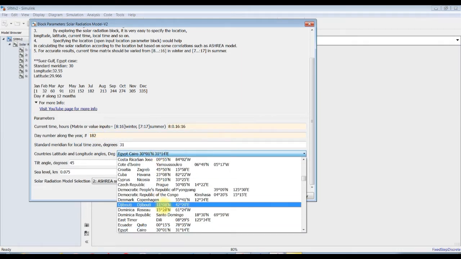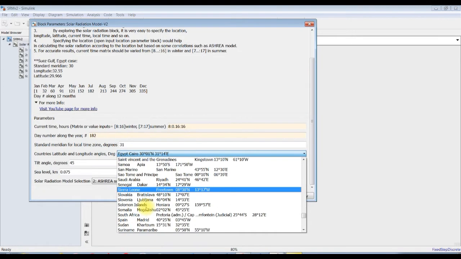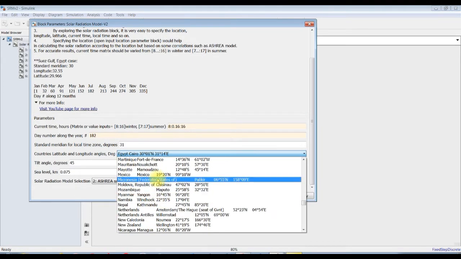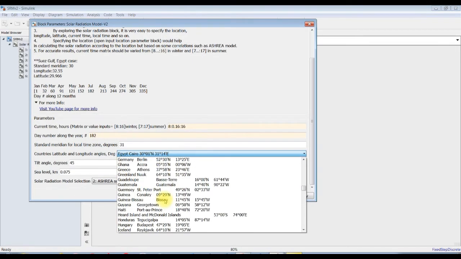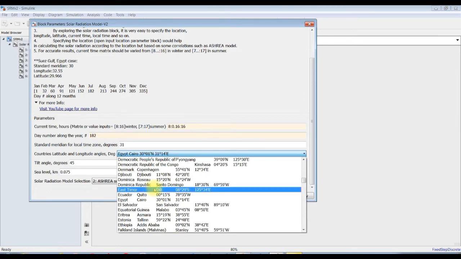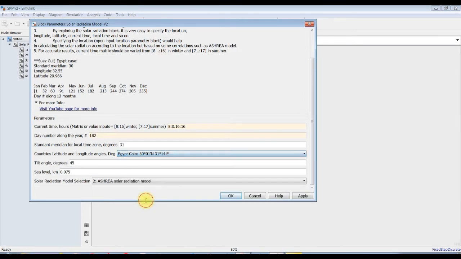You can choose between many countries around the world. Suppose I'm going for Egypt, Cairo. Standard meridian is around 30-31. For the tilt angle, you can choose your tilt angle. Sea level is around 70 meters.